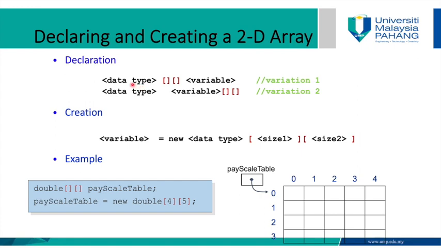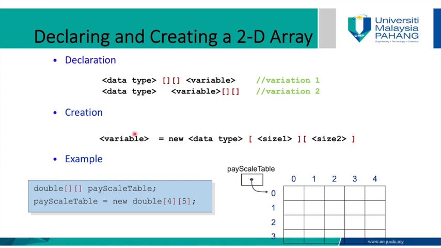First you declare the data type, and then there are 2 square brackets, which are the rows and the column, and then the variable. Or you can also do it like this: data type, variable, and rows, column. The size of the row and the size of the column.